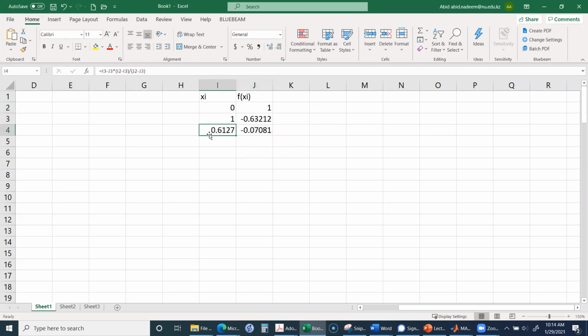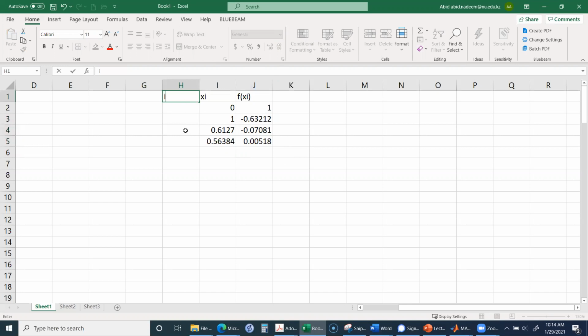But in the secant method, I will use these values for the next approximation. Simply because I already set it up in Excel, I will just drag and get the next value. It is now 0.00. So this is the first iteration.